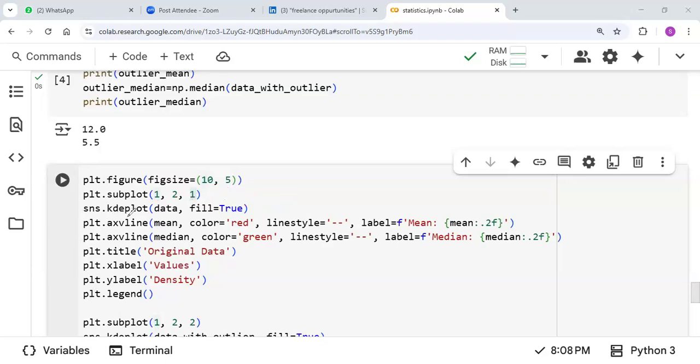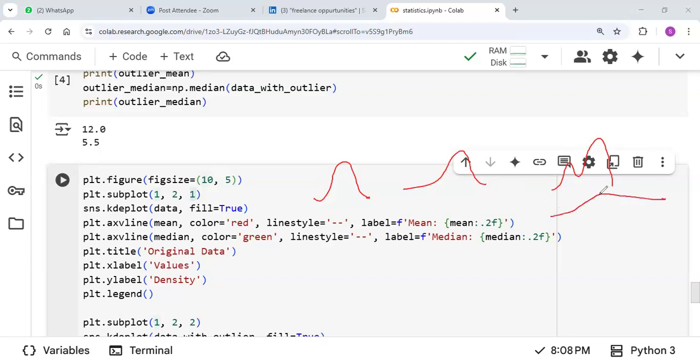So this KDE plot is nothing but a kernel density plot, guys. It is especially for checking the distribution of your data, whether it is a normal distribution, a skewed distribution, or a bimodal distribution. A normally distributed dataset is consistent data, or it can show the data skewness.